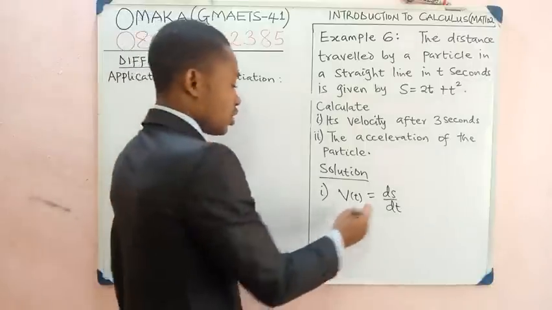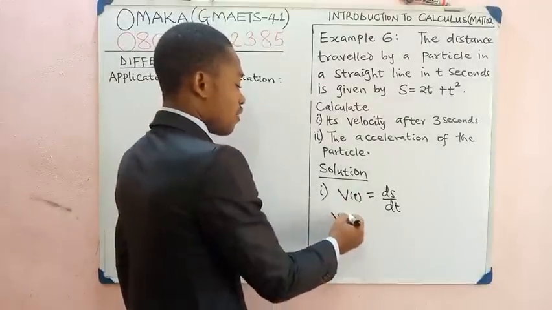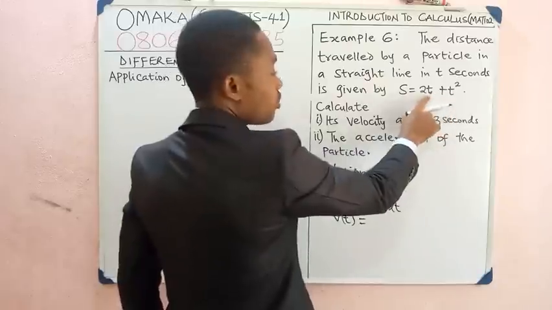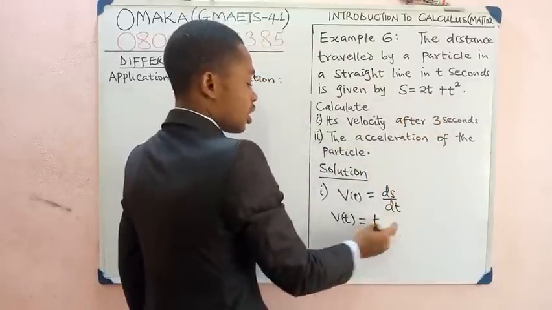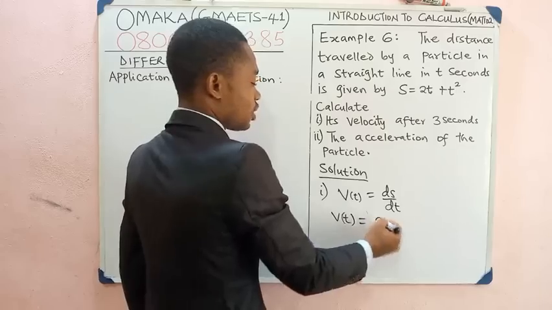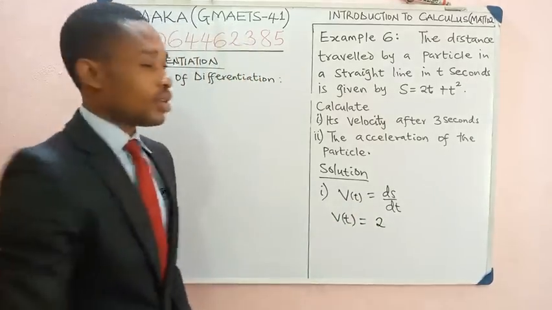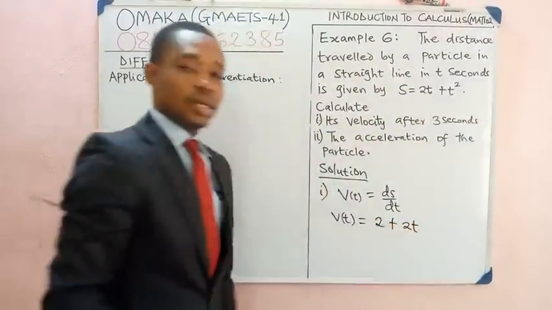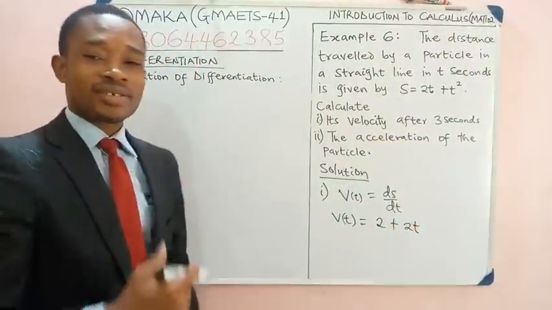And so we are going to proceed to differentiate. Our v(t) will be equal to, if you differentiate the position with respect to time, what will you get? Differentiate 2t, you get 2, just like differentiating 2x. And then plus, differentiate t squared, you get 2t, just like differentiating x squared.